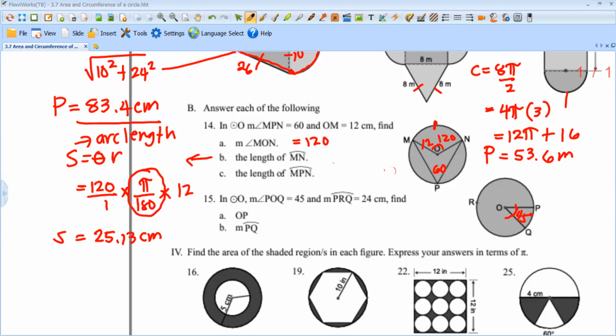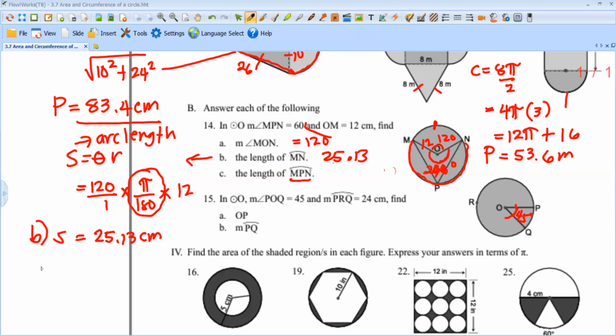So it is 8 pi or 25.13 centimeters. Okay, and then the arc MPN, this arc, the length of that is letter B, it is 25.30. So what is this angle? This angle is 240, right?